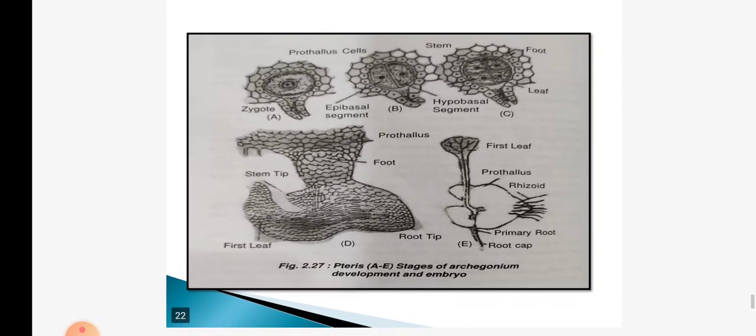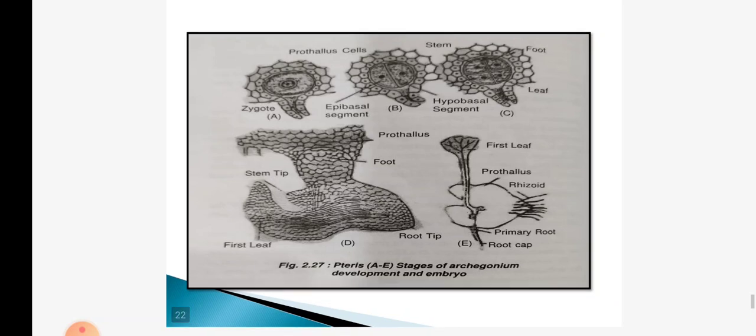This figure represents stages of Archegonium development and embryo development. The zygote forms epibasal cell and hypobasal cell. Then it develops stem, foot and leaf.